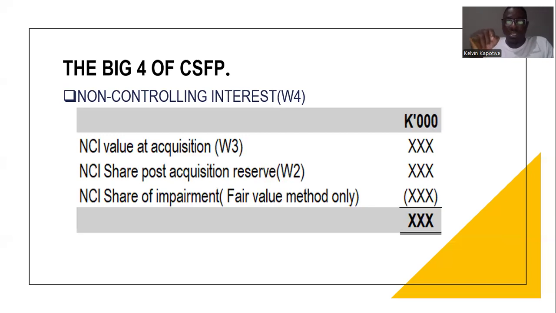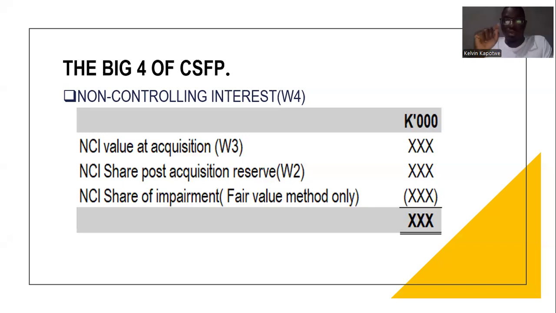So add those two numbers, and then if the NCI are valued at fair value, then the NCI share of impairment will be deducted here. So you're going to less the NCI share of impairment. Remember, this is only done where the NCI are determined using the fair value method. But if it is a proportionate method, don't remove the impairment.